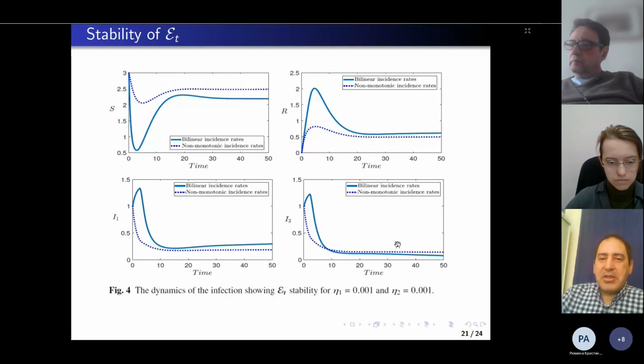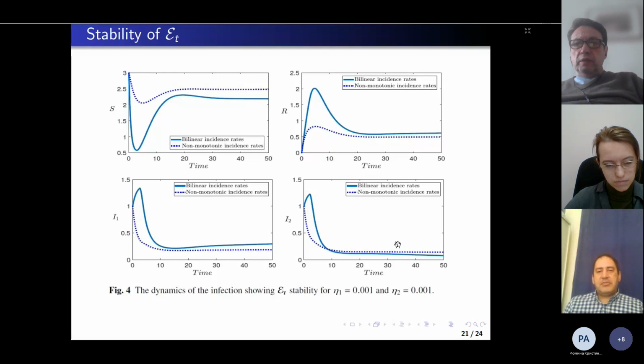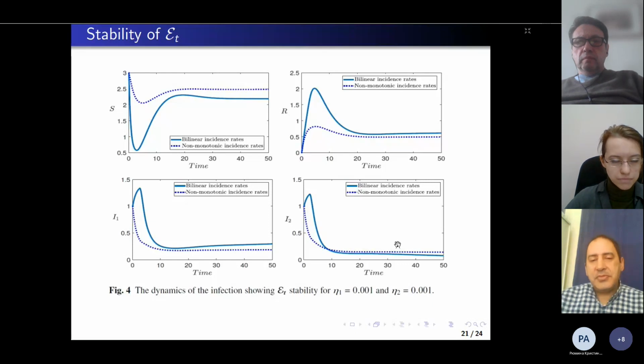I really don't know. Because the parameters are different. For example, eta 1 and eta 2 are the same, but maybe some other parameters are different, or maybe the incidence functions are different, because of the structure of the form. It depends on the parameters, of course.